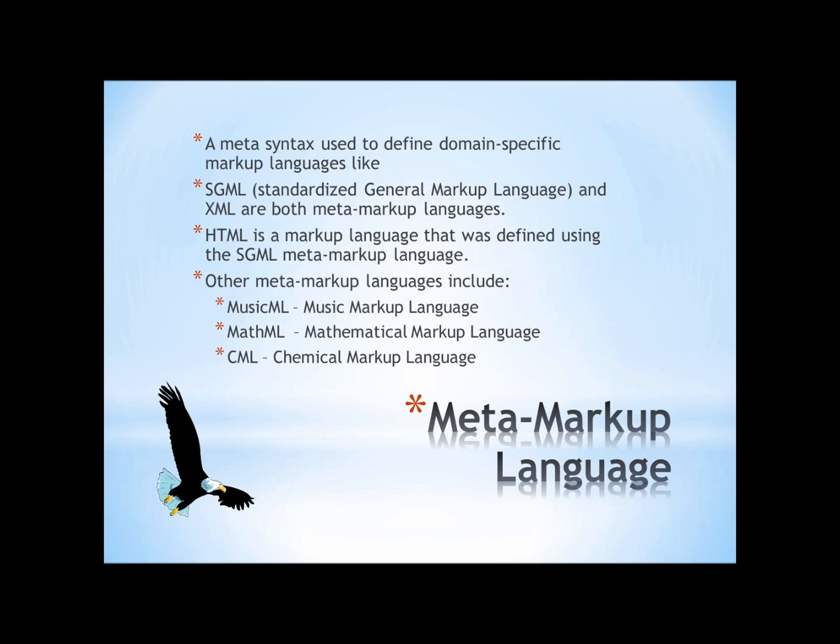Now, HTML, or Hypertext Markup Language, is a markup language that was defined using SGML. And some of the other meta markup languages included can be things like Music ML, Math ML, and CML, which is for chemical markup language.